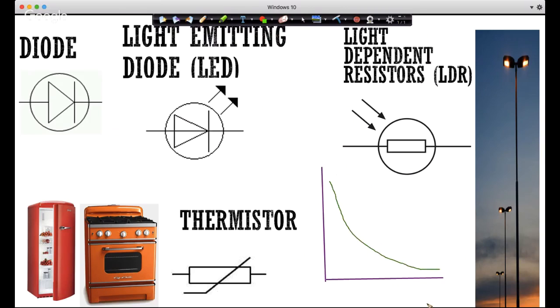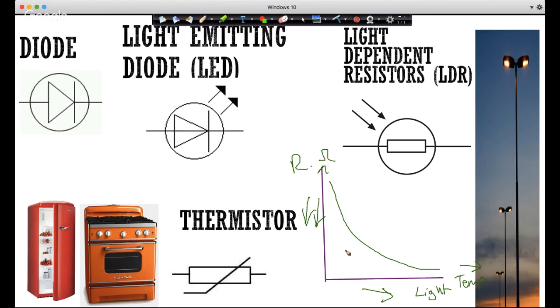So over here, we've got either light for an LDR or temperature for a thermistor, and up here we're going to have resistance, measured in ohms. So it's the same pattern. What this tells us is as light goes up, resistance goes down. For a thermistor, as temperature goes up, resistance goes down.